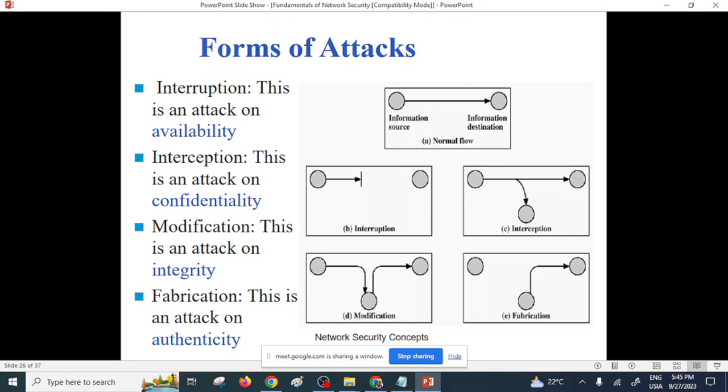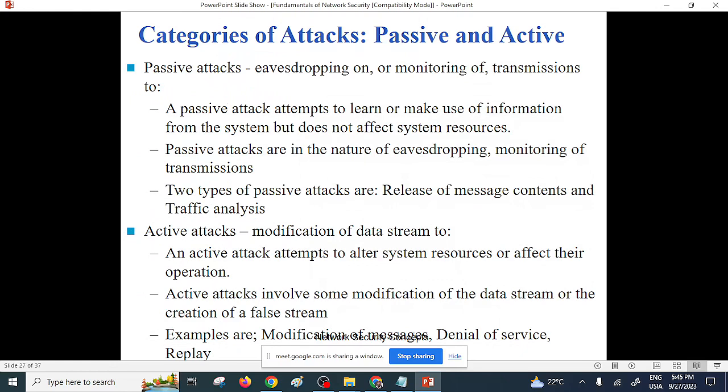A modification is a change of the message. They can also fabricate. You can see the last diagram. That's what I was mentioning. So the hacker can always cut off one party and start communicating, sharing confidential information. So these are the forms of attacks in real life scenarios.